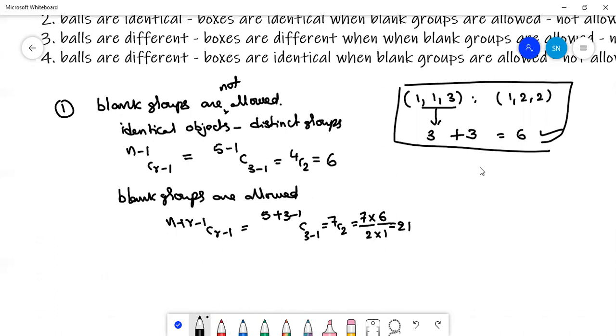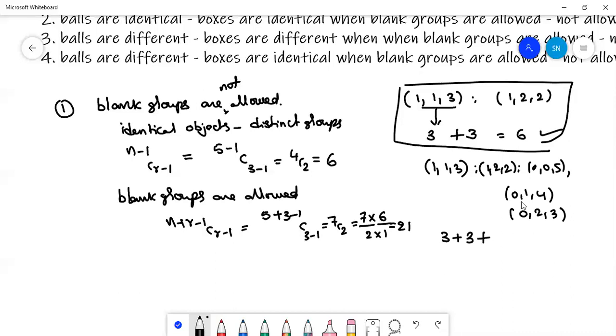As it is a small number, we can manually calculate the cases. So let us check how these 21 cases are coming out. 1, 1, 3 is one case, 1, 2, 2 is another case, 0, 0, 5 is a third case, 0, 1, 4 is another possibility, and one more possibility, 0, 2, 3. So these are all 5 possibilities. As we know, in the first 2 cases, 3 plus 3 ways. The third case, 0, 0, 5, can also be done in 3 ways: 0, 0, 5, 0, 5, 0, 5, 0, 0.